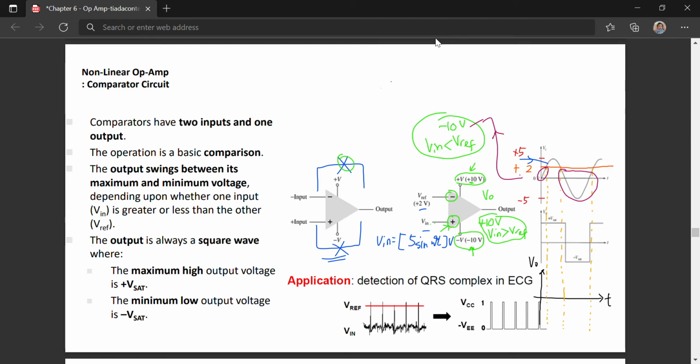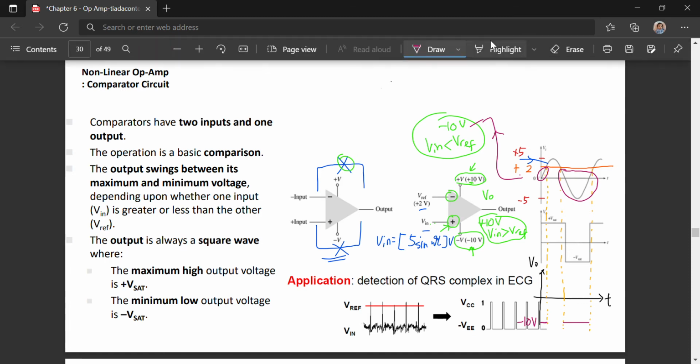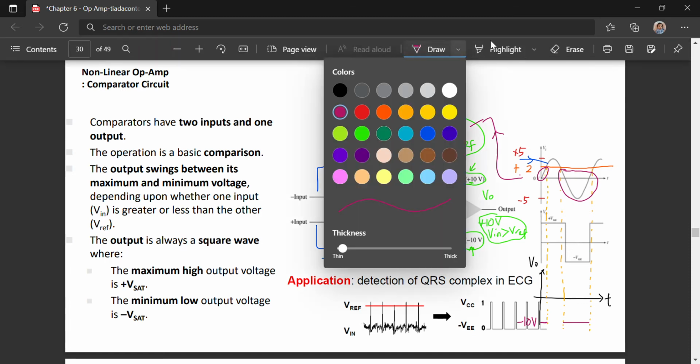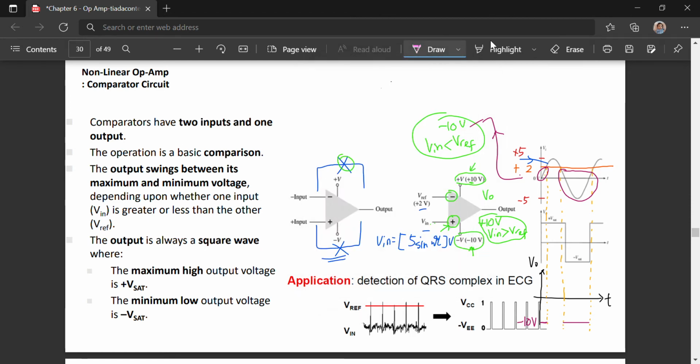So here at the output part, you can draw line at the negative 10. Okay, and then if Vin is greater than Vref, your output is positive.